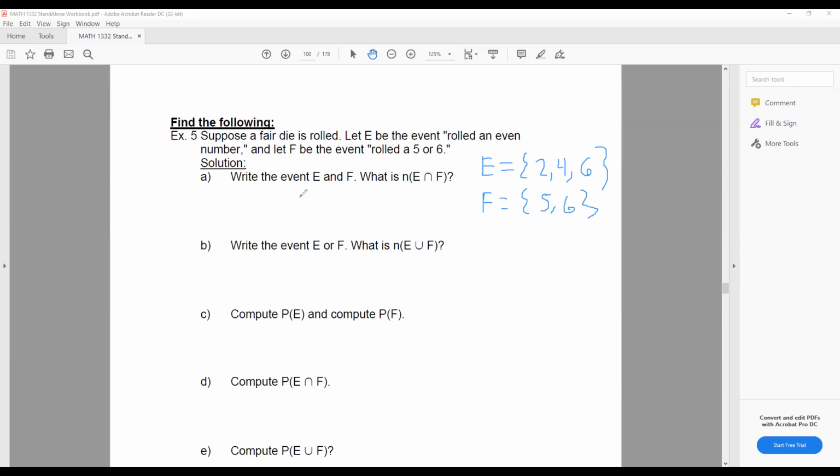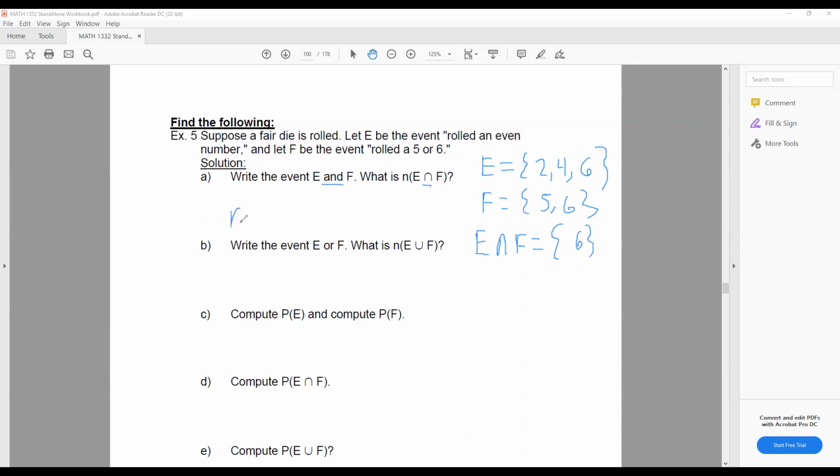So now they're asking, write the event E and F. When you hear that word and, they mean intersection. So what do these two sets have in common? Number 6. Yeah, so intersection means what they have in common, which is going to be 6.